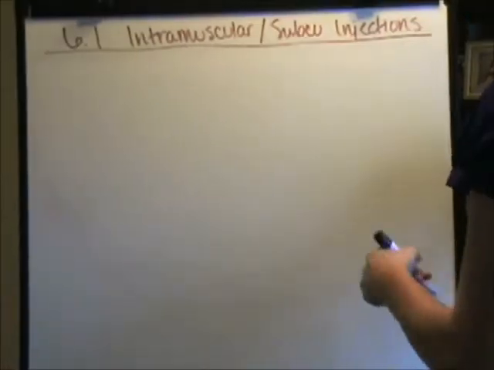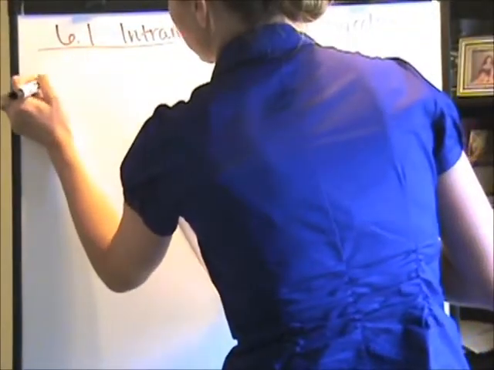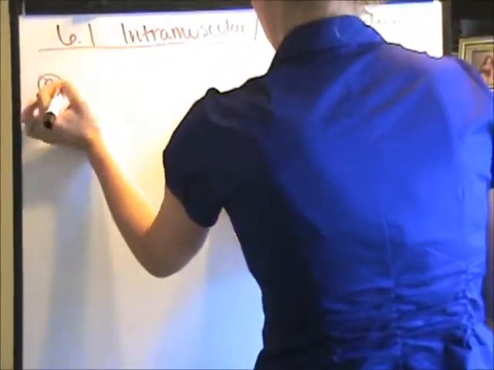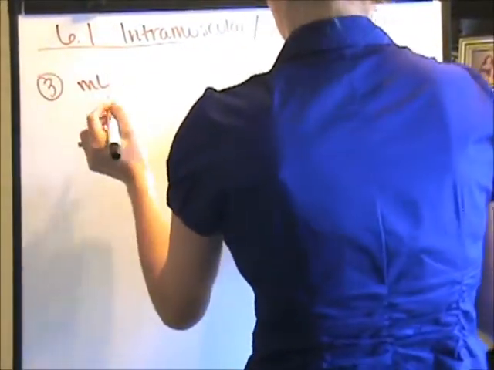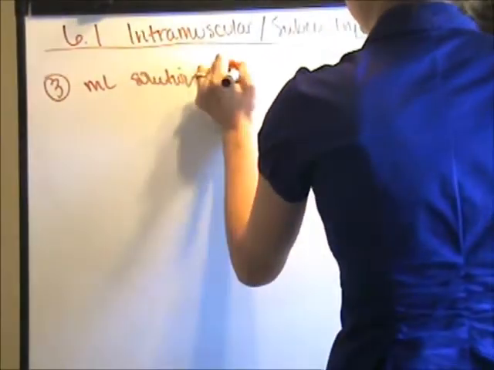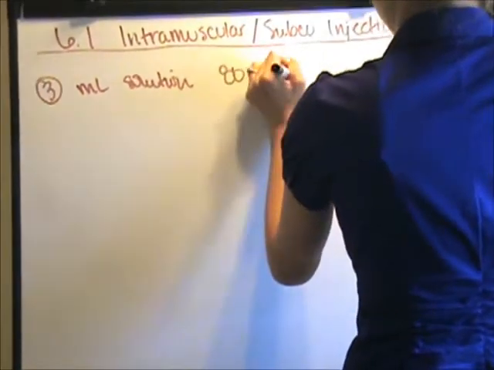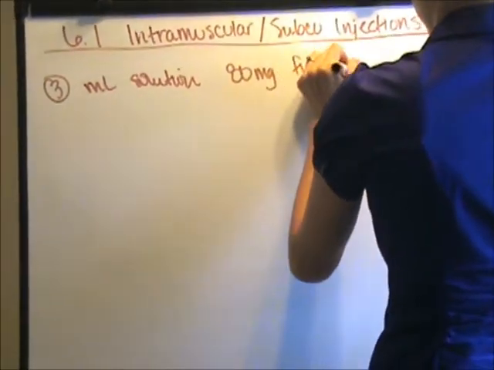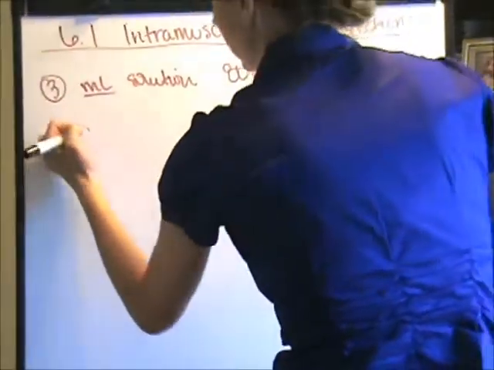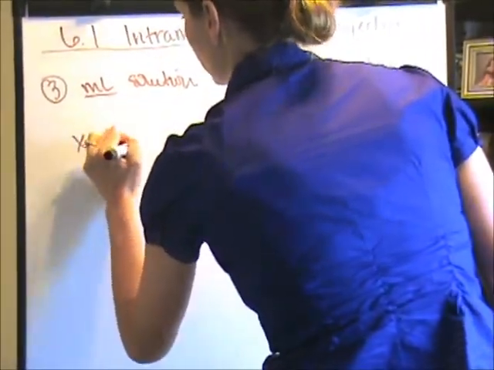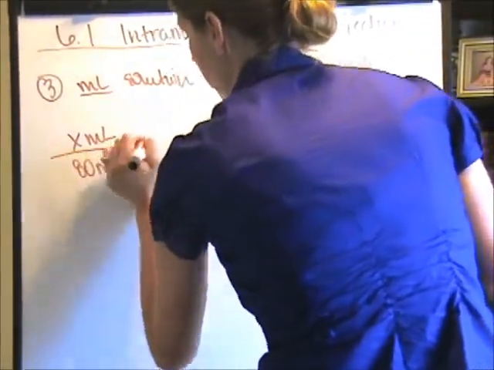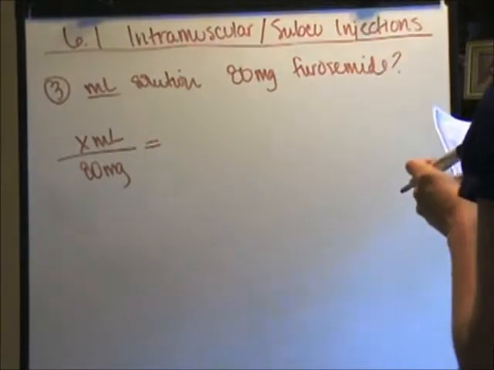Okay, let's do one more together on this page and then we will flip to solving for the drug. How many milliliters of solution are needed to provide 80 milligrams of furosemide? Okay, so again, we know we're solving for volume. We want to know how many milliliters. And our desired dose is 80 milligrams. Now we need to turn to the prescription label.